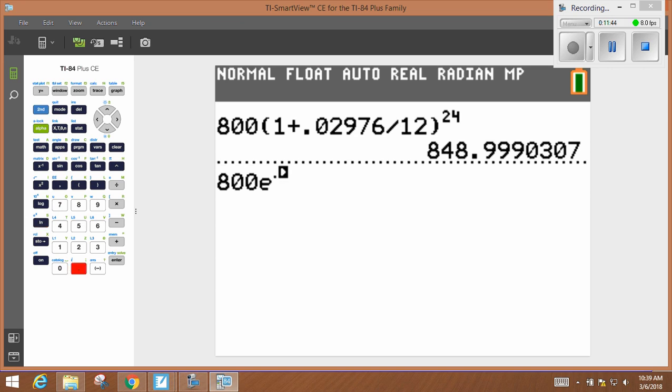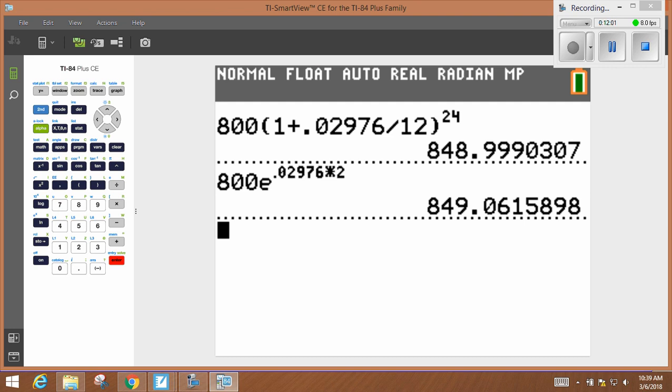And it's e to the 0.02967 times 2. And I get $849.06. I got 6 more cents out of it.